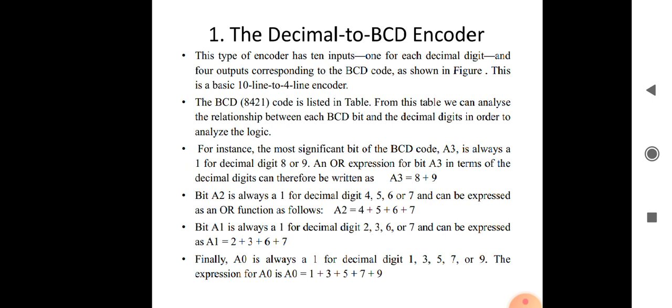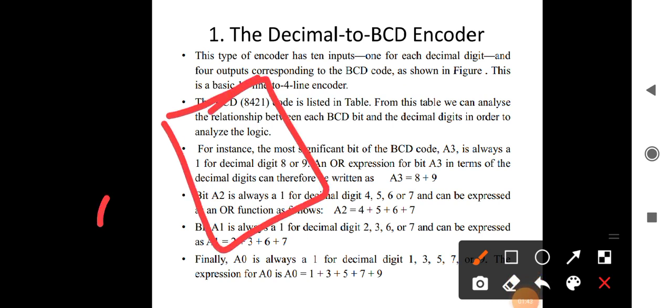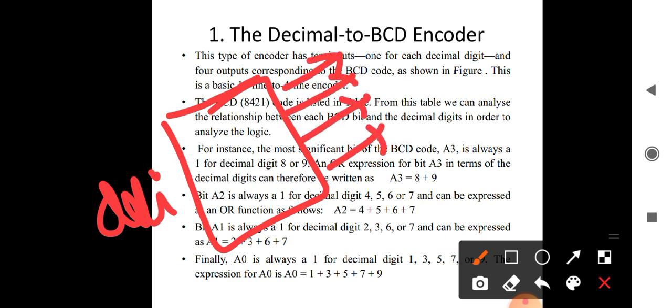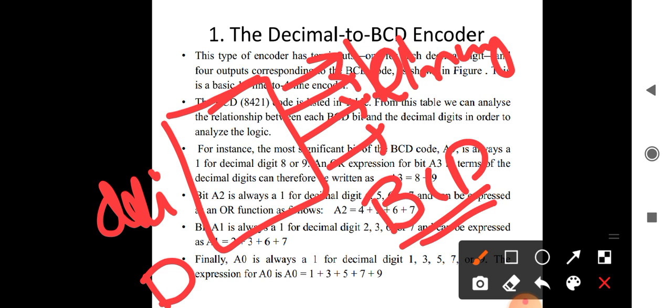Now what do you mean by an encoder? An encoder is the one which accepts the decimal value and codes it into the binary value. Here we are coding the decimal value into the BCD, that is, the binary coded decimal value.